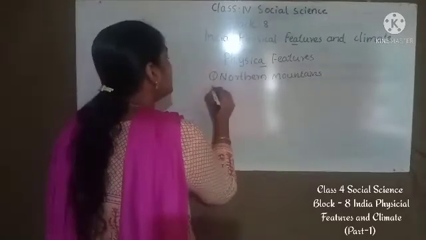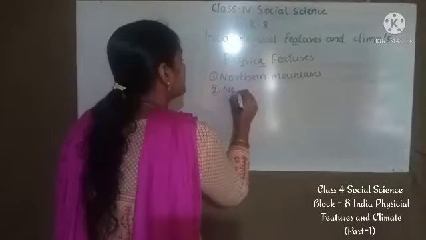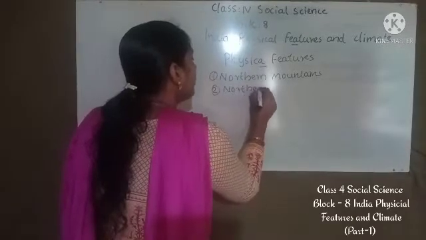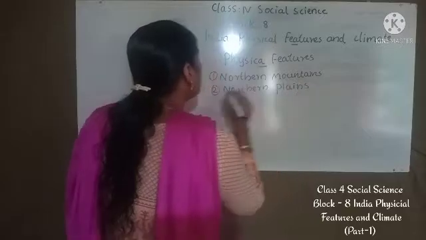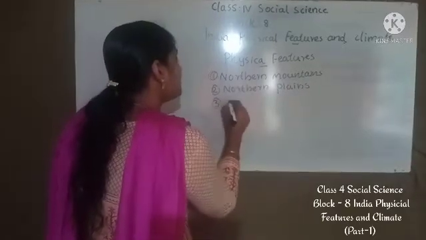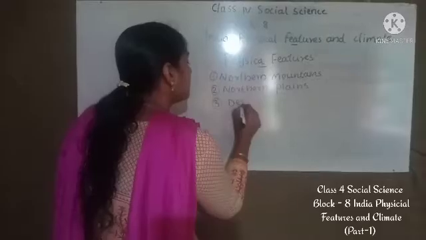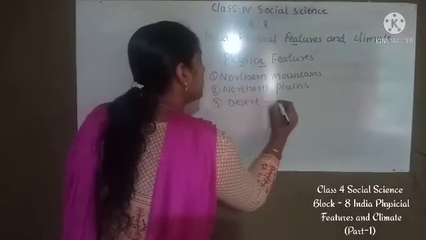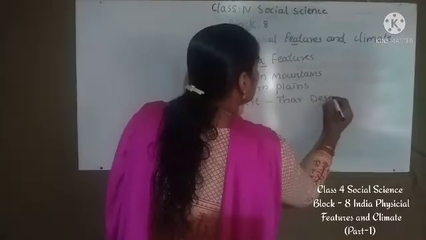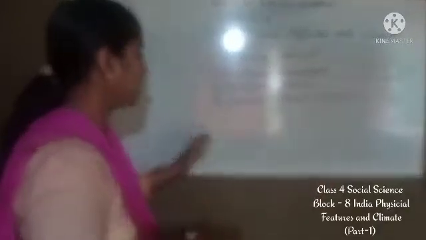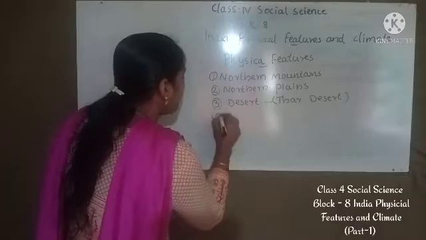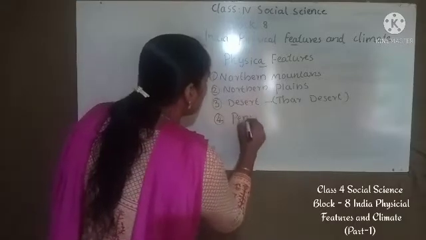Second one is the northern plains. Third one is the desert, or Thar desert. Thar desert is the desert in India. The next one is the plateau, the peninsular plateau.